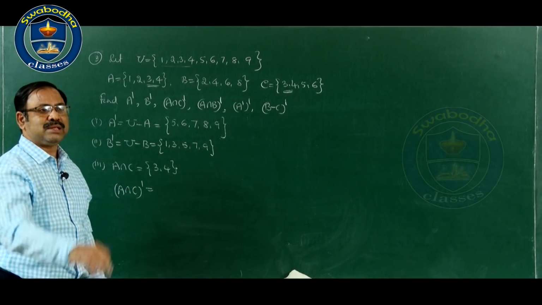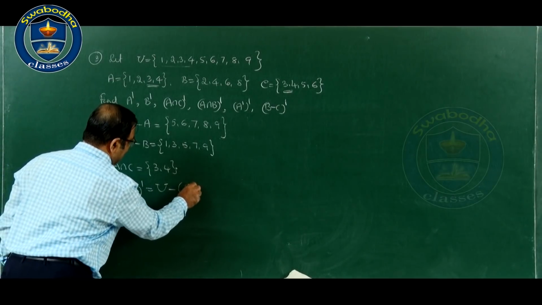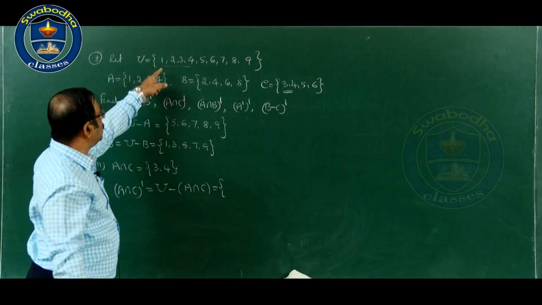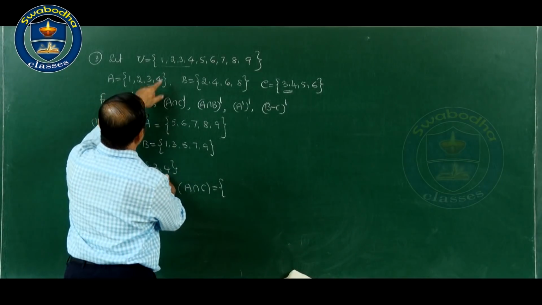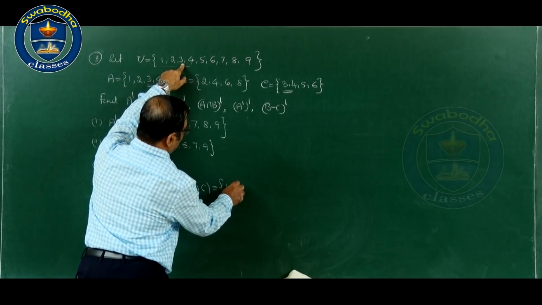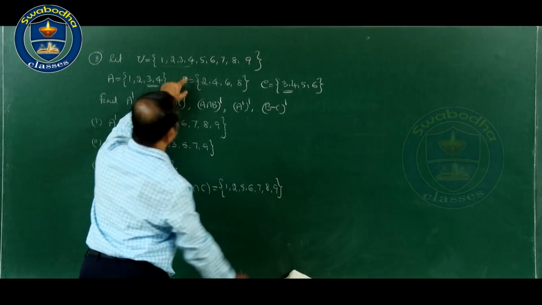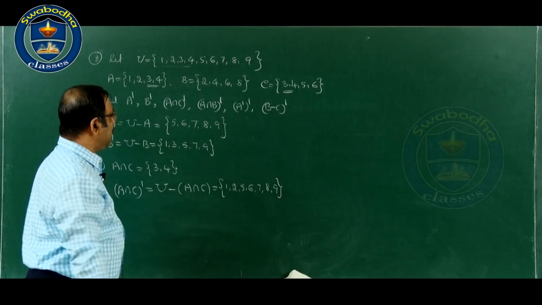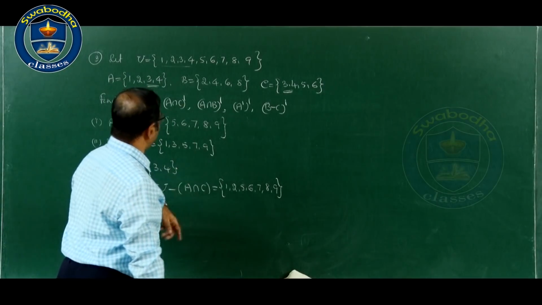Complement means it is to be subtracted from U. So U minus A intersection C. U is 1, 2, 3, 4, 5, 6, 7, 8, 9. So 3, 4 must be subtracted. Then we get 1, 2, 5, 6, 7, 8, 9. This is A intersection C complement.